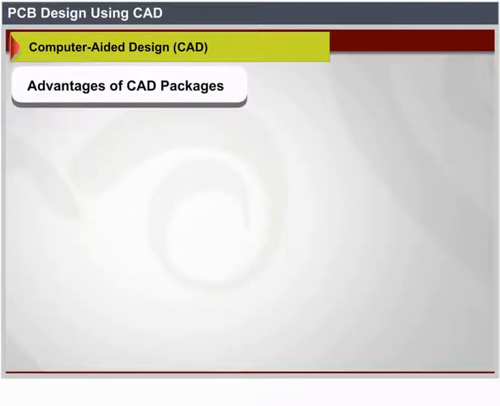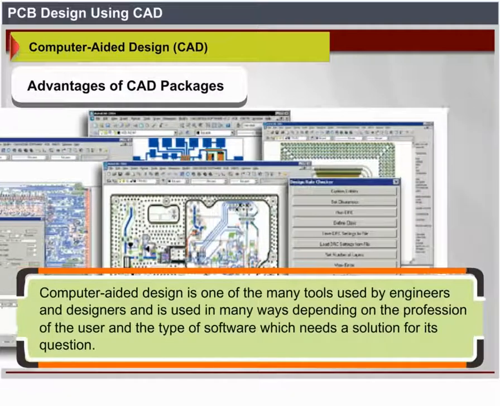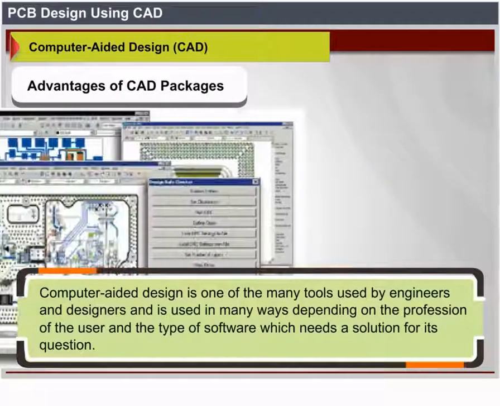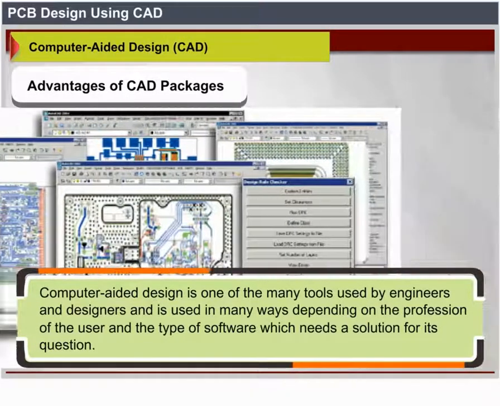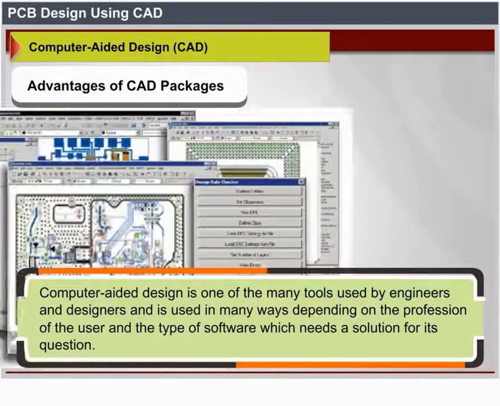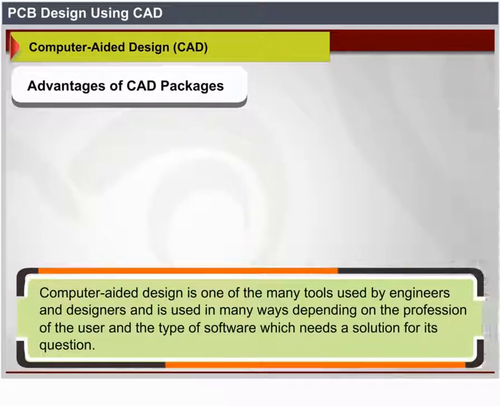Advantages of CAD packages. Computer-aided design is one of the many tools used by engineers and designers, and is used in many ways depending on the profession of the user and the type of software in question.